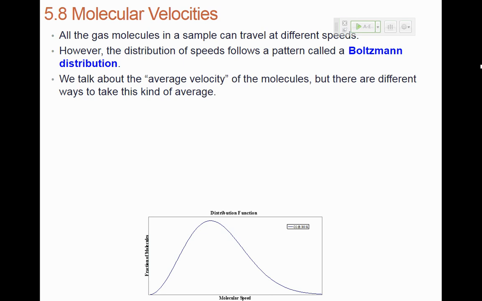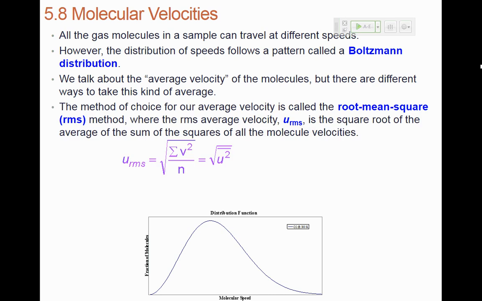So when we talk about average velocity of the molecules, there's a couple of different ways we could take this kind of average. The main method of choice is typically root mean squared, and this is just an equation that you have to know. Our RMS average velocity, or u_rms, is the square root of the average of the squares of all the molecular velocities.